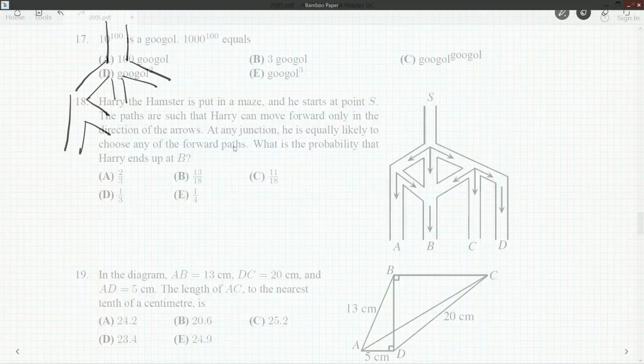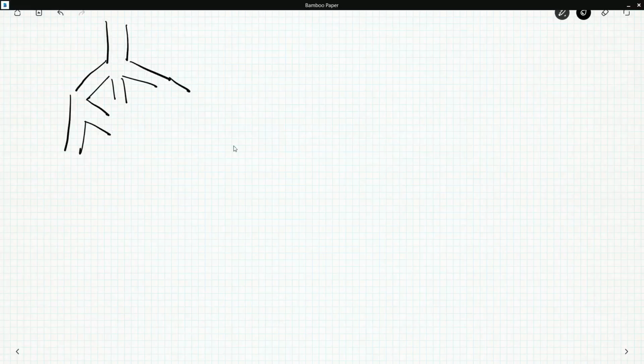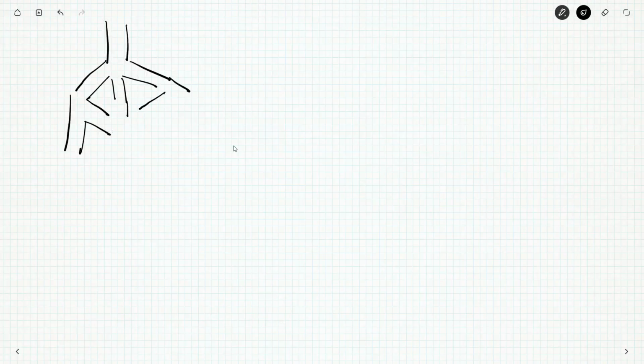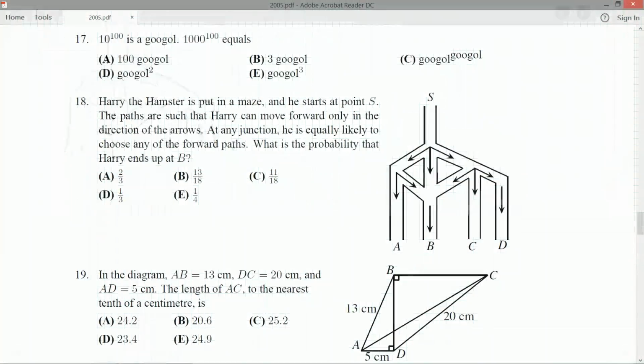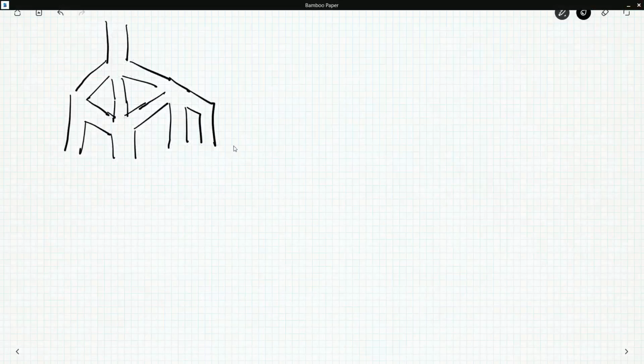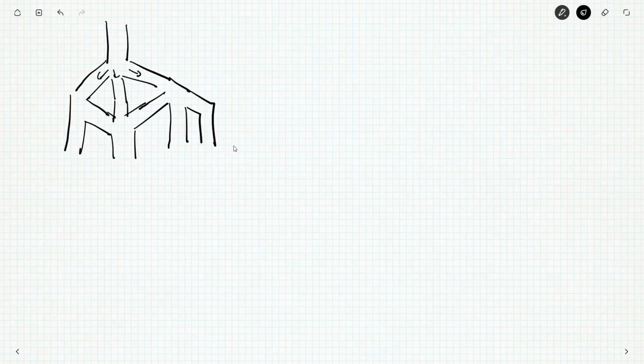So those ones connect up, and then it's got sort of another branching here. These ones went down. I think that's what it looked like. Okay, so he basically can only move downwards, is the point.